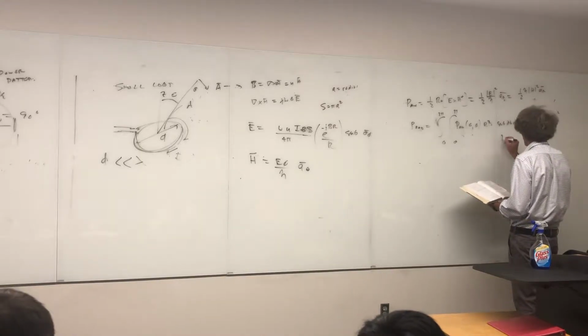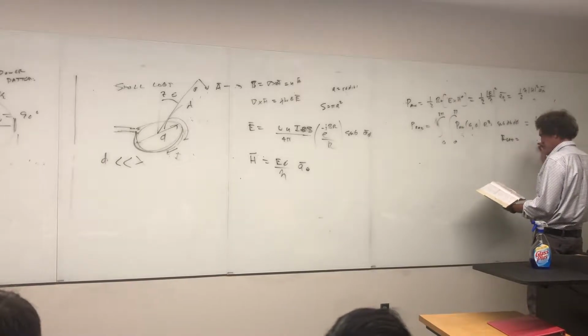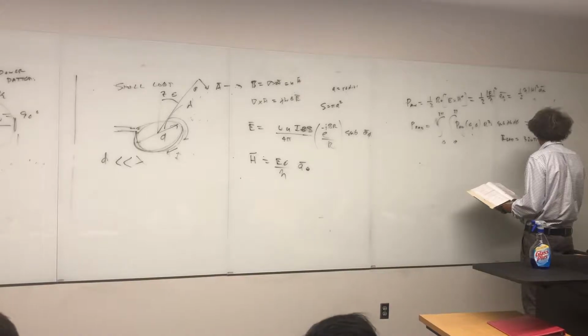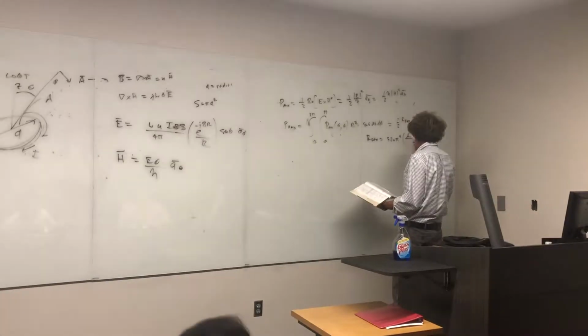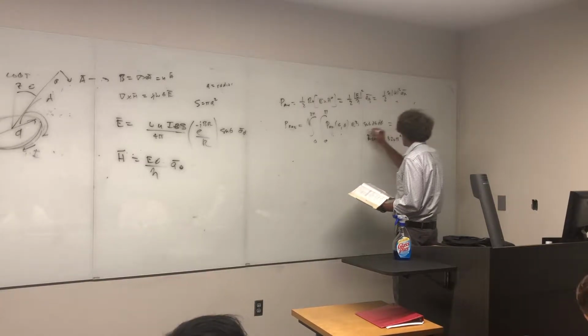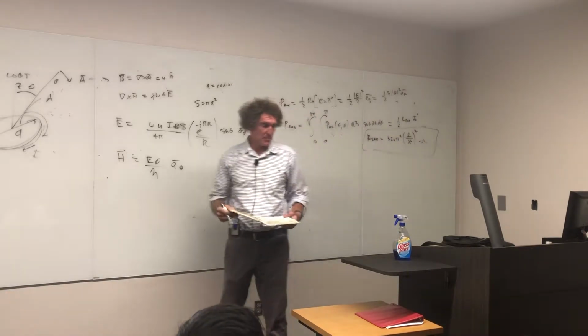But he's going to say the radiation resistance, R_rad for this antenna, is going to be 320 pi to the fourth, and then it's going to be a ratio of S over lambda squared, ohms. You don't need to know that either. But that's the radiation resistance for a loop antenna.